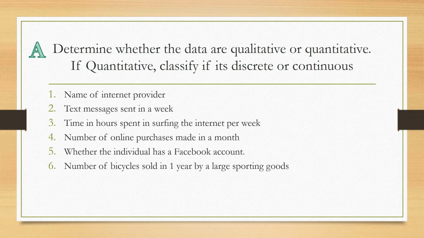And we can count, and we have a record how many bicycles sold in 1 year, so we consider this as discrete data. Number 7, speed of internet connection. We are going to measure this in order to provide data. So this is a quantitative data and continuous data.